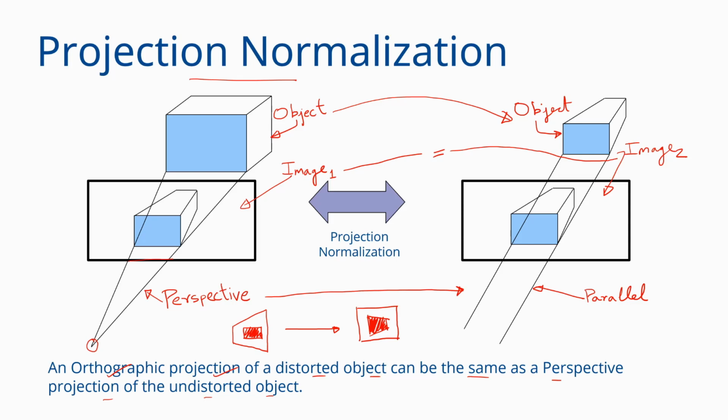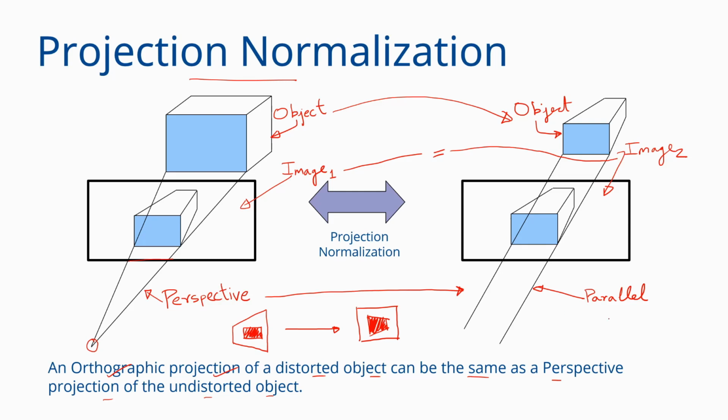So the image that you form with the perspective view frustum is the same as the image that you form with the parallel view frustum after you have applied the projection normalization transforms to the objects contained in the view frustum.